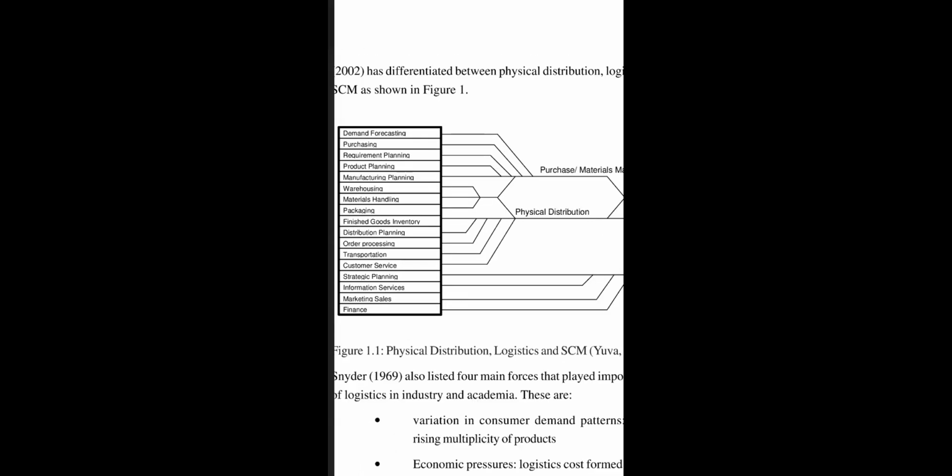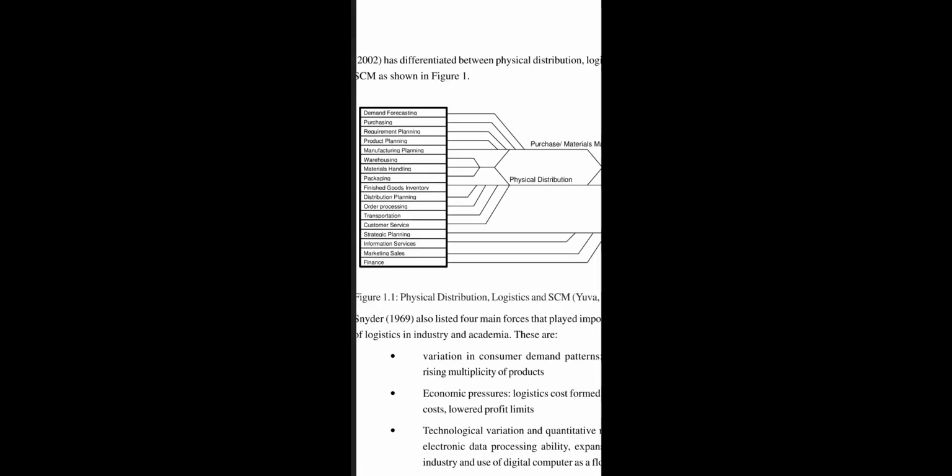Now if you go downward, we can see there are lots of activities. There are four main forces that have played an important role in the expansion of logistics in industries and academia. First, variation of customer demand patterns, dispersed demand, rising multiplicity of products. Economic pressure: logistics cost forms an important share of product cost and lowers profit limits.